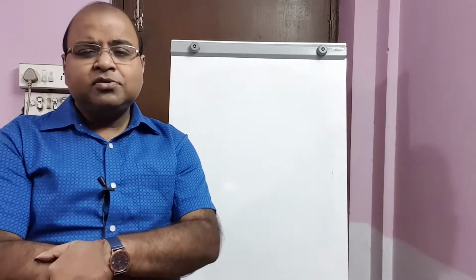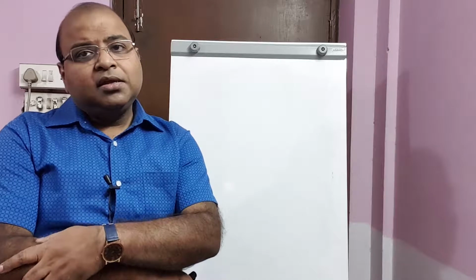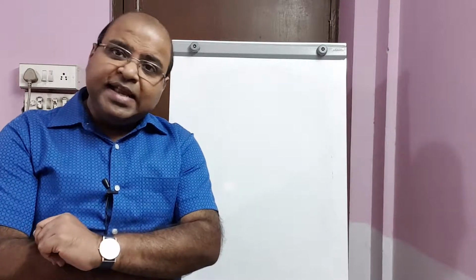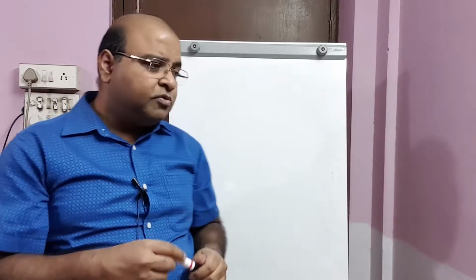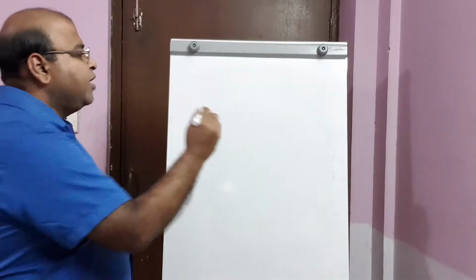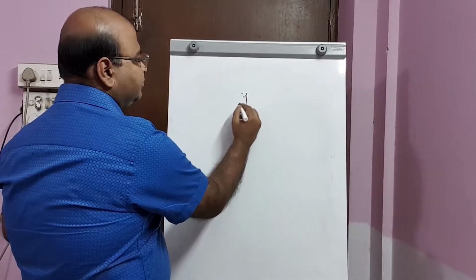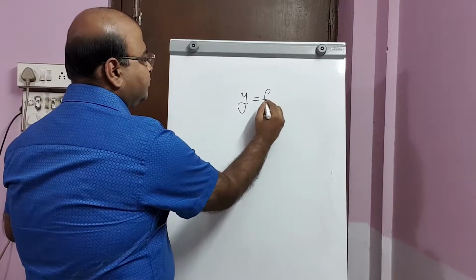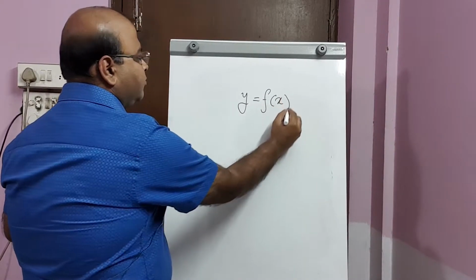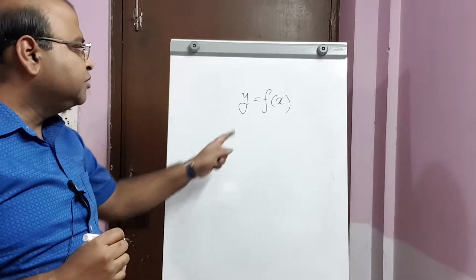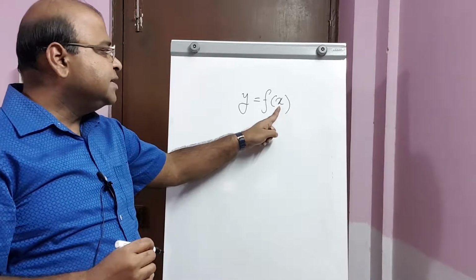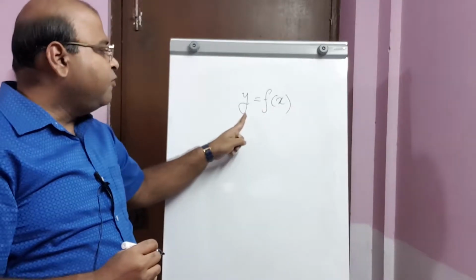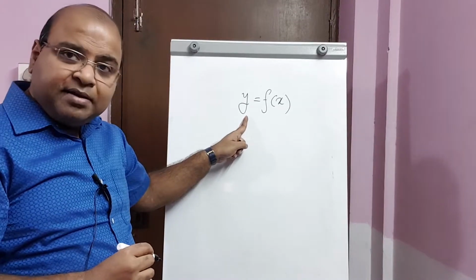For example, let us consider y as the dependent variable and x as the independent variable in our discussion. So we have a function y equal to f(x), where x acts as the independent variable and y acts as the dependent variable.